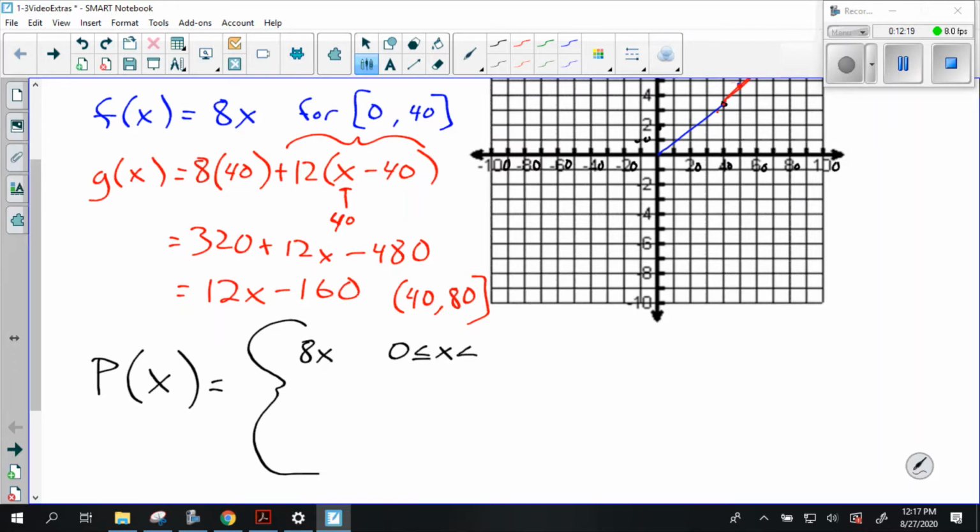So x can be between 0 and 40. But for our other function here, 12x minus 160, which represents what's going on after she has started making overtime, this is only defined for values of x that are strictly greater than 40.